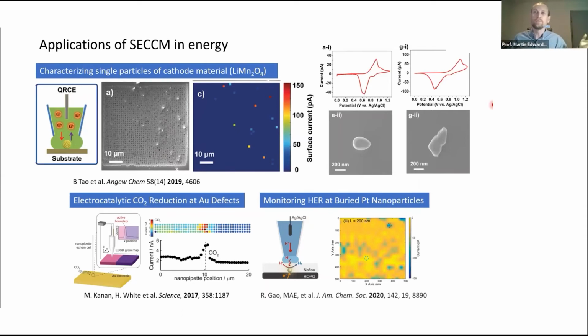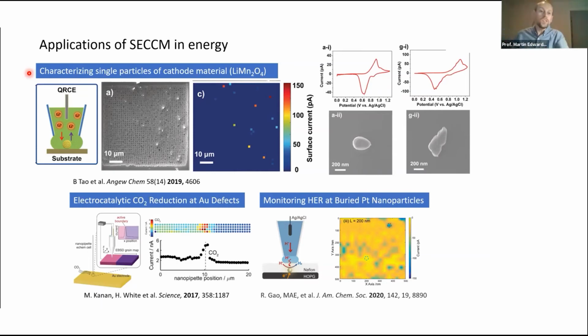So I just pulled some energy type applications from the literature. The first one, and this isn't my work, this is my former PhD group, but I think gives you a nice idea, perhaps might be interesting to some of you guys, is characterizing single cathode materials.